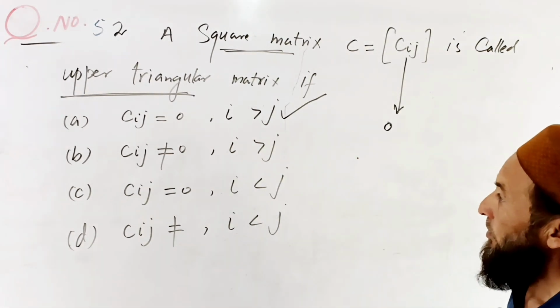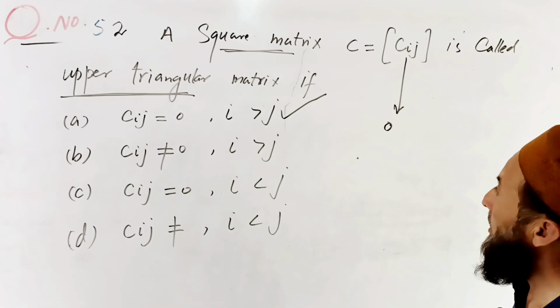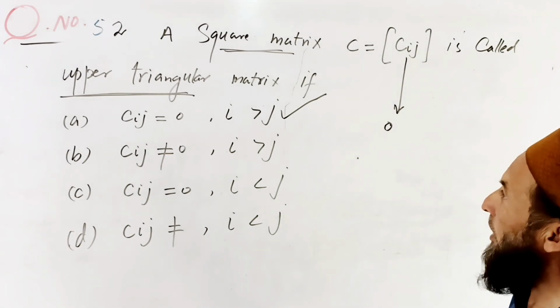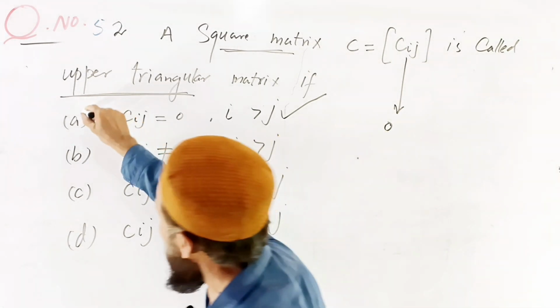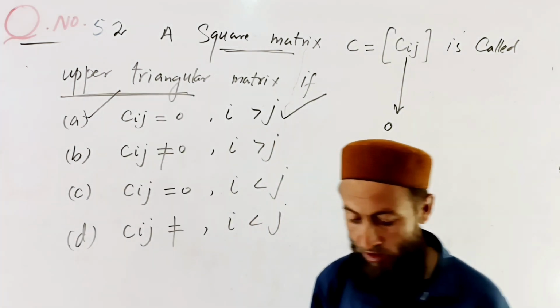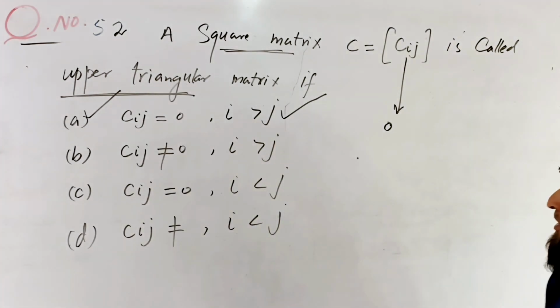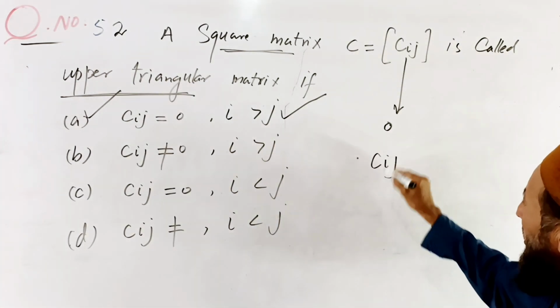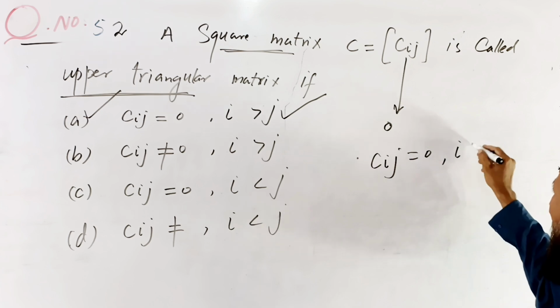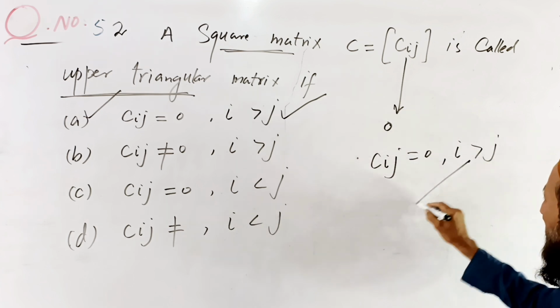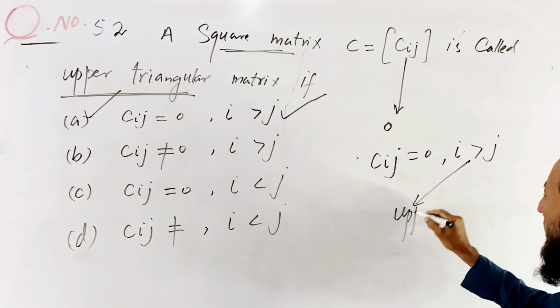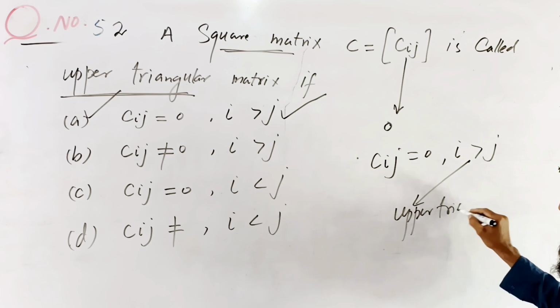So this result will be called an upper triangular matrix. So the correct answer is A. This condition implies Cij is equal to 0 for i greater than j. That is called an upper triangular matrix.